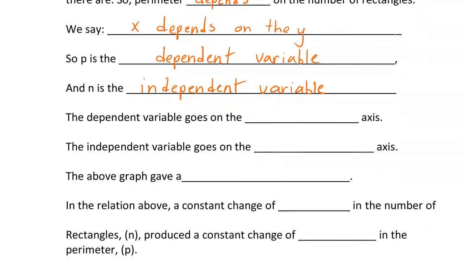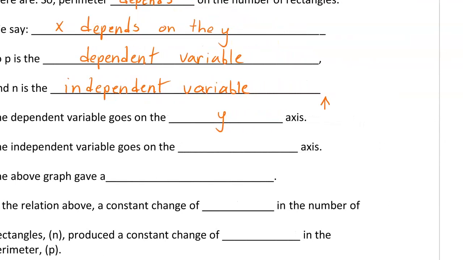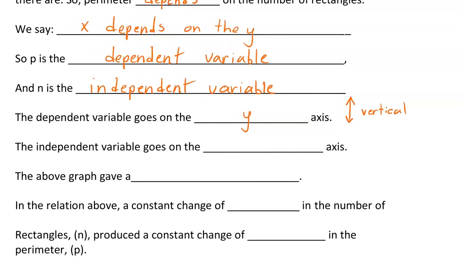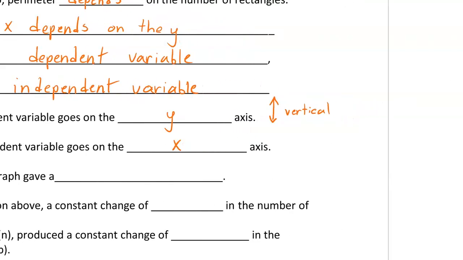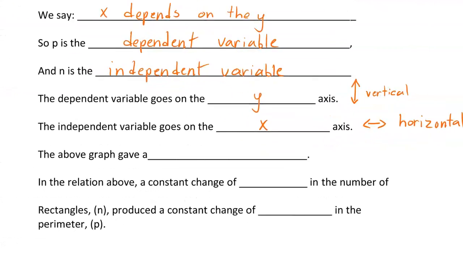The dependent variable goes on the y, so the vertical, and the independent variable goes on the x, and that's going to be your horizontal. And that's the case for all graphs.